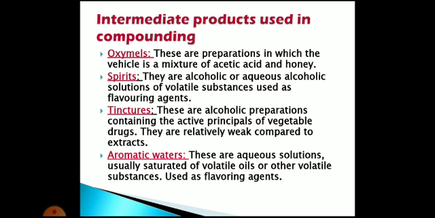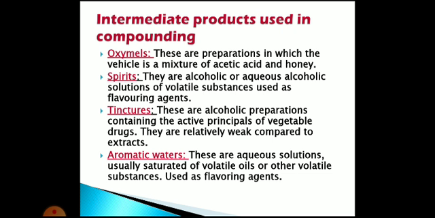Oxymels. These are preparations in which the vehicle is a mixture of acetic acid and honey. Spirits. These are alcoholic or aqueous alcoholic solutions of volatile substances used as flavoring agents. Tinctures. These are alcoholic preparations containing the active principle of a vegetable drug.